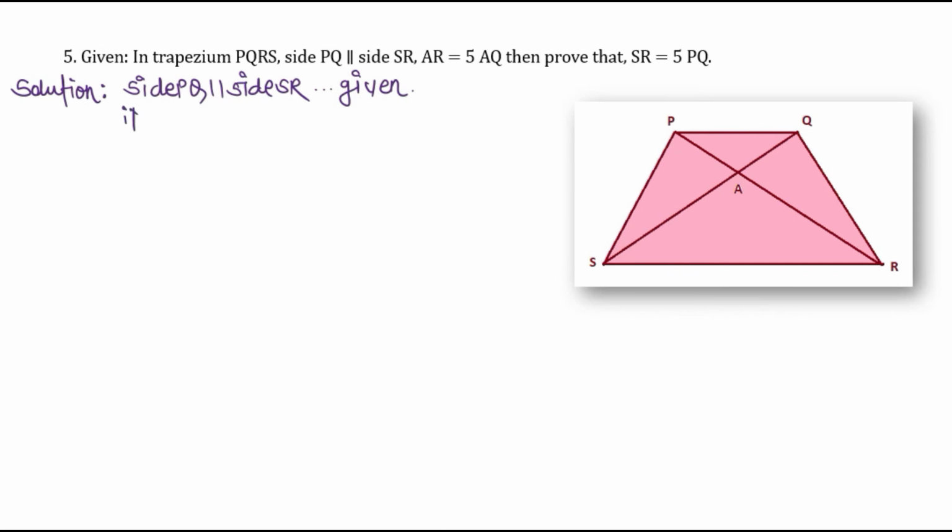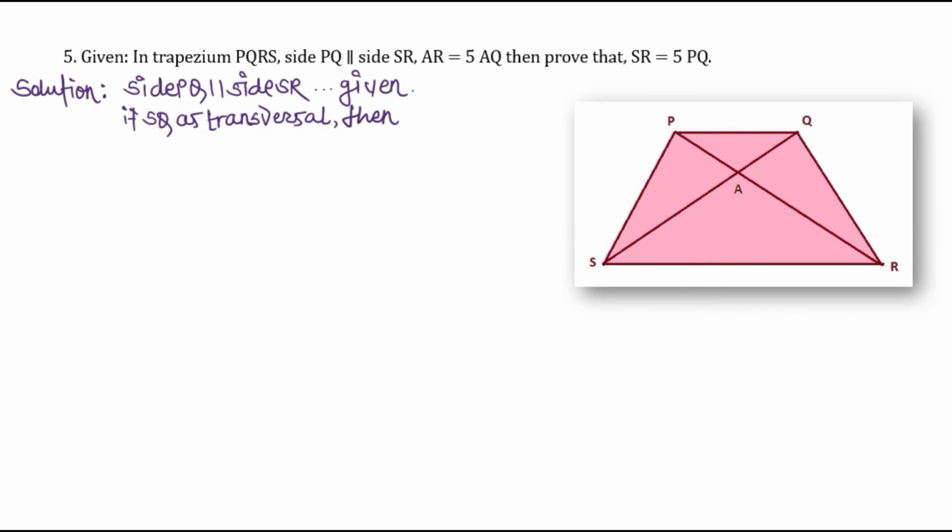Then, if we consider SQ as a transversal, and PQ and SR are parallel sides, then angle PQS and angle QSR are congruent angles because of alternate angle test.